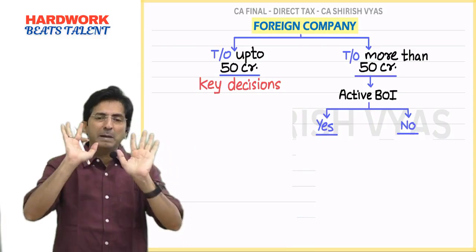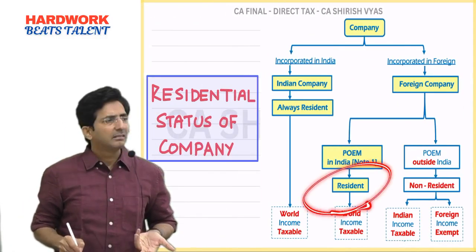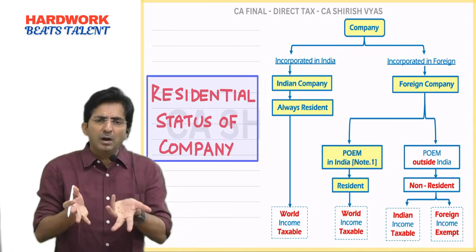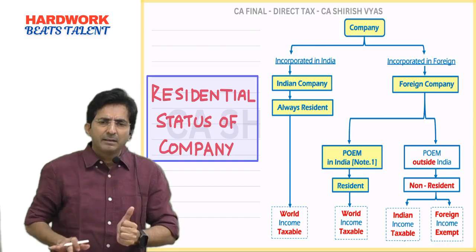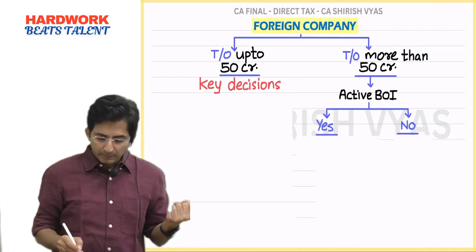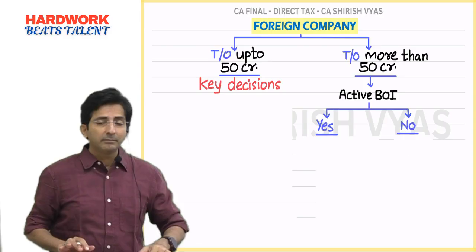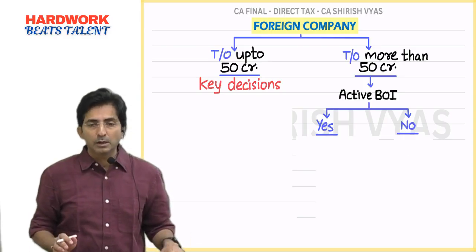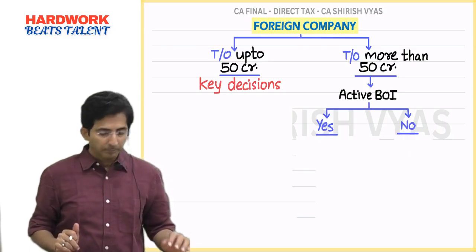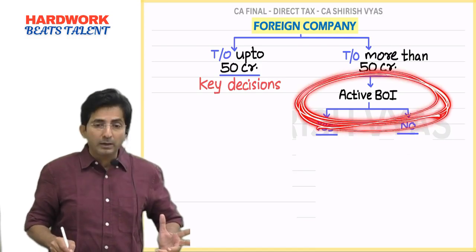Tell me what is bad for a foreign company? Becoming a resident. Because they will have to pay tax on world income. That is bad. And that bad thing will happen when? If they fail in the ABOI test, then they will get the status of R.